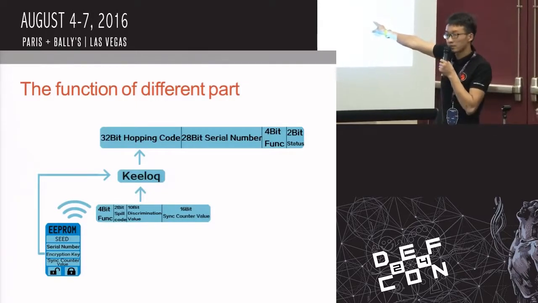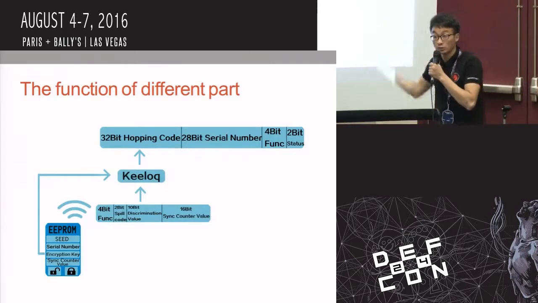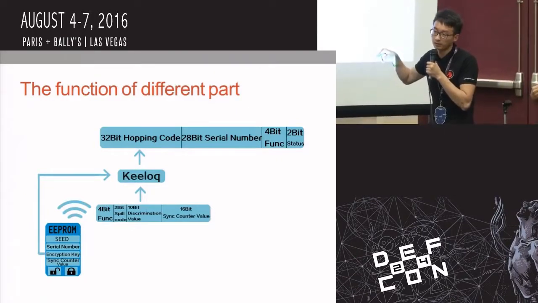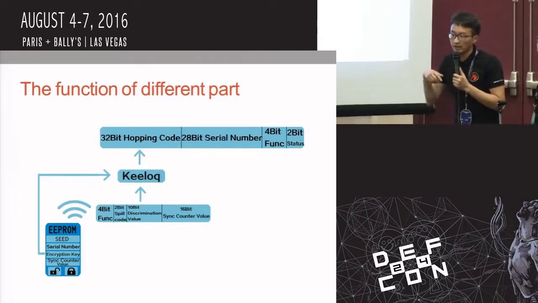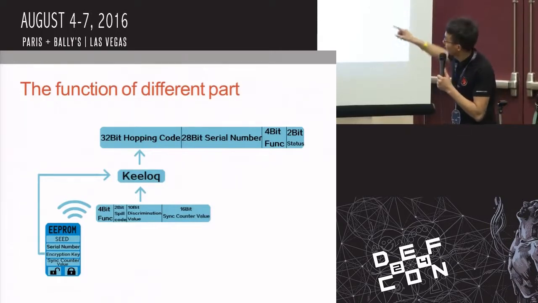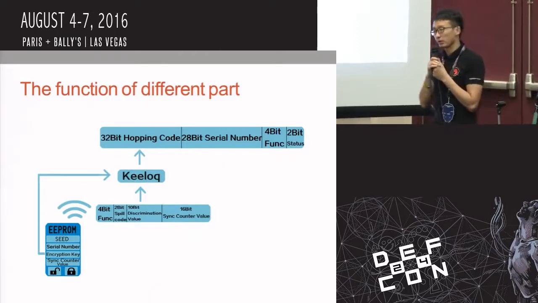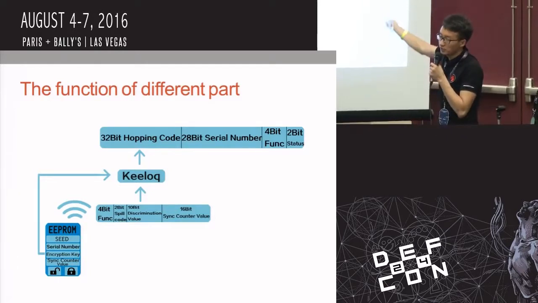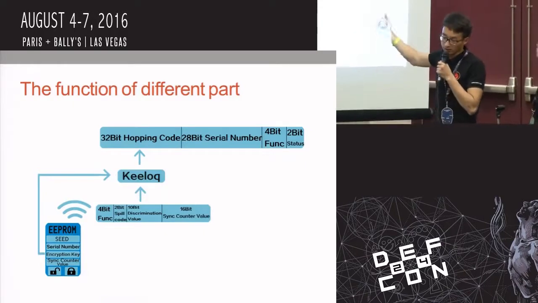When the car receives this signal, it will compare the sync counter stored in the car. The car also stores a synchronization counter. When the synchronization counter stored in the car is larger than the one received, the car won't respond.